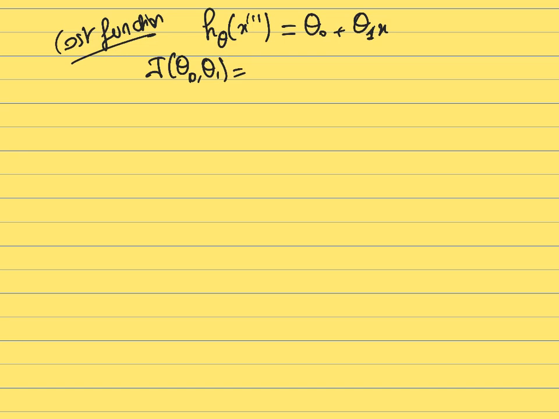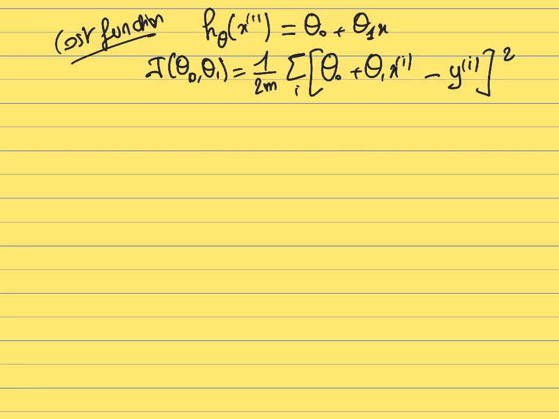You can write it as 1 over 2m, where m is the number of training examples, times the sum over all the training examples of, if we replace the expression of the hypothesis in terms of theta naught and theta 1, theta naught plus theta 1 times x. This is the value of the prediction, the value of the hypothesis h of theta, minus the ground truth value, the true value of the output.